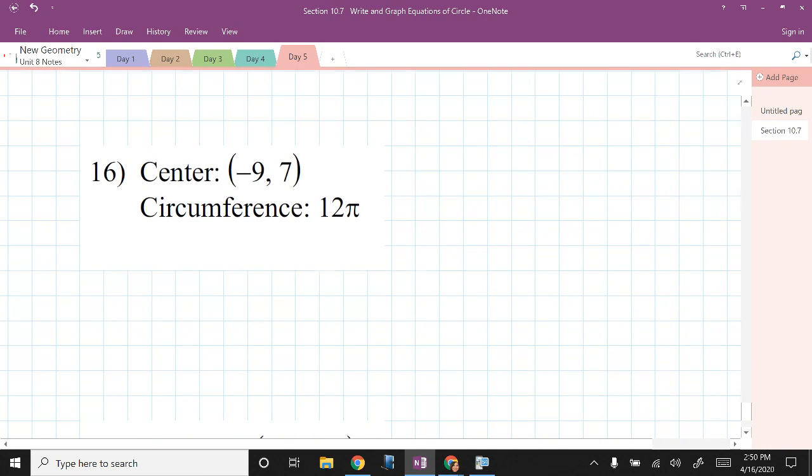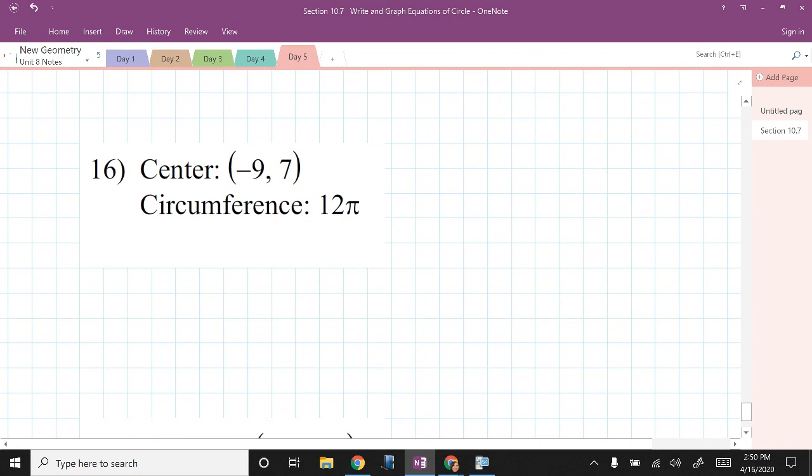This one, they give you the h and k, and instead of a radius, they give you a circumference. Well, let's talk about how a radius and a circumference are related to each other.